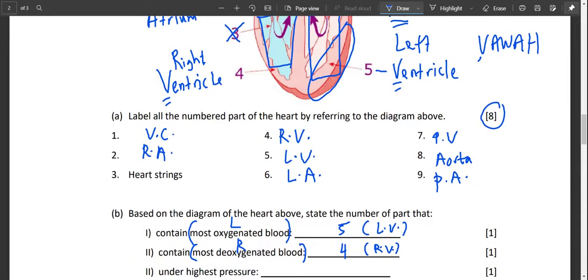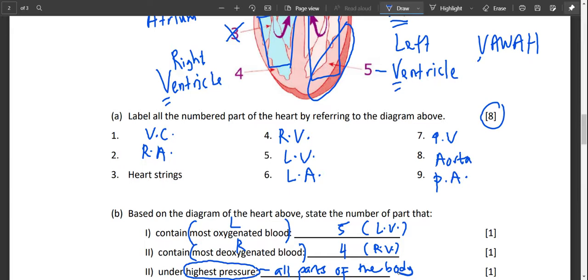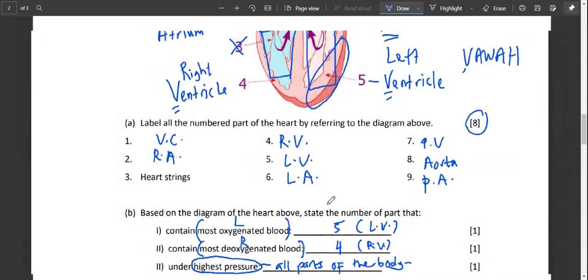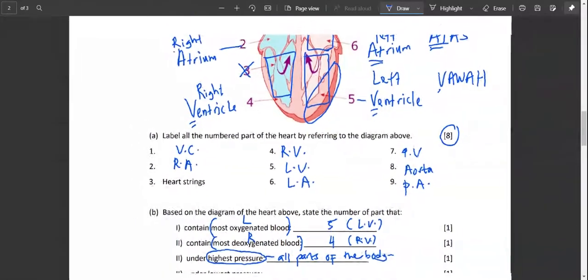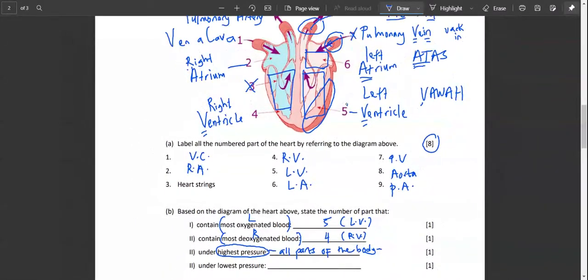Under highest pressure, there are many choices. So under highest pressure, it means it must go to where? It must go to all parts of the body. And two possible answers I will accept for this one is where the heart pumps the blood the most, which is at number 5.